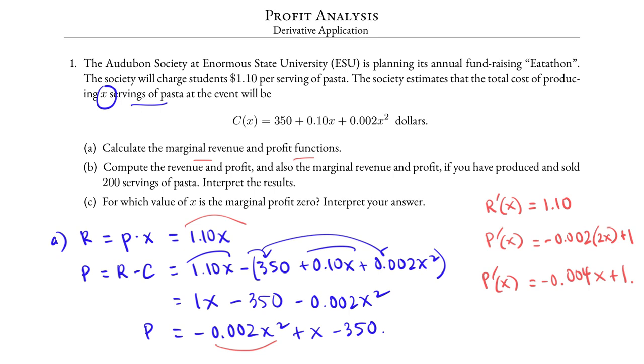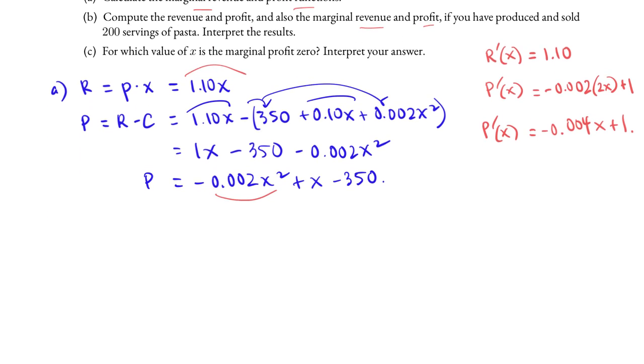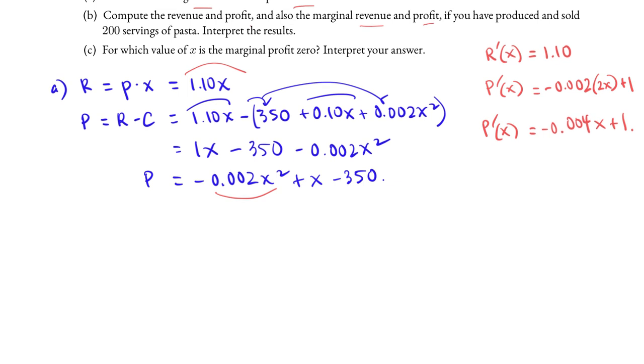Now that we obtained the marginal revenue and the marginal profit function, compare the revenue and the profit, and also the marginal revenue and the marginal profit, if you have produced and sold 200 servings of pasta. We simply use the input 200 to answer this question.